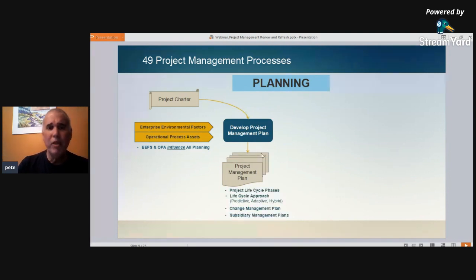So it becomes very large. It becomes like a file cabinet of many different aspects of the project. It'll tell you the project lifecycle phases if you're taking a phased approach. It'll tell you the approach, whether you're in a predictive, adaptive, or some type of hybrid. Remember, adaptive they call agile, right?